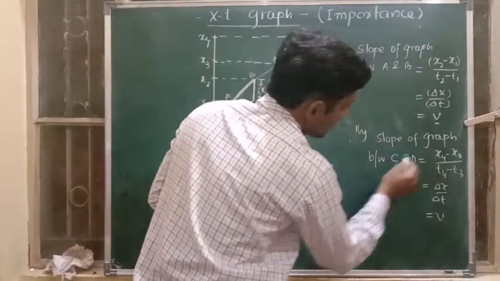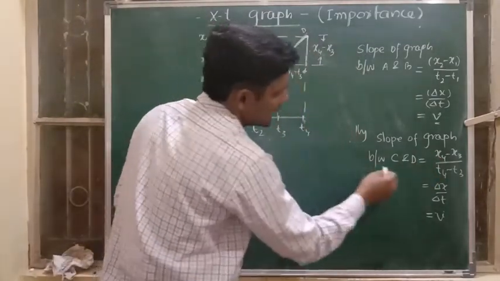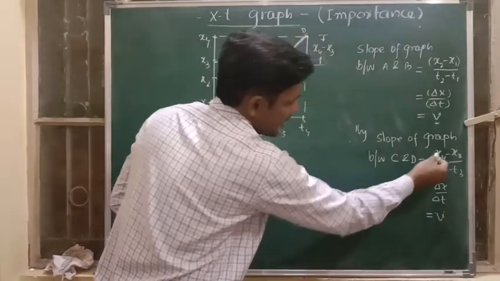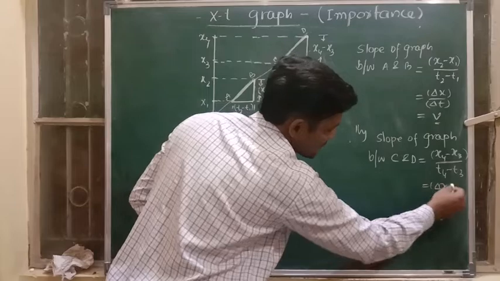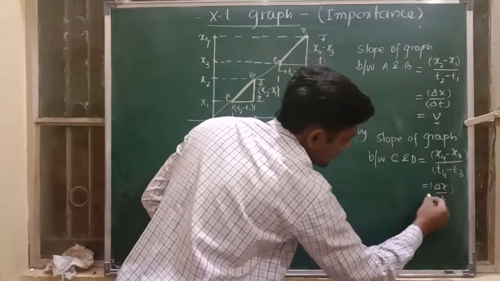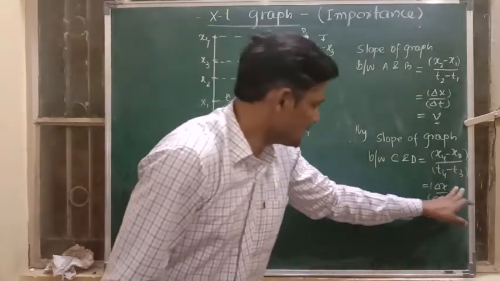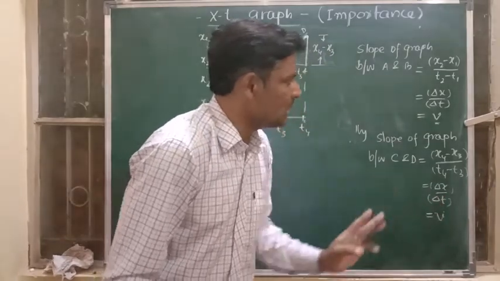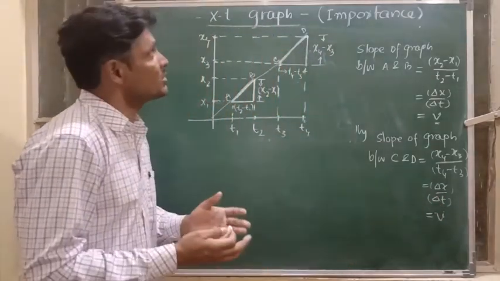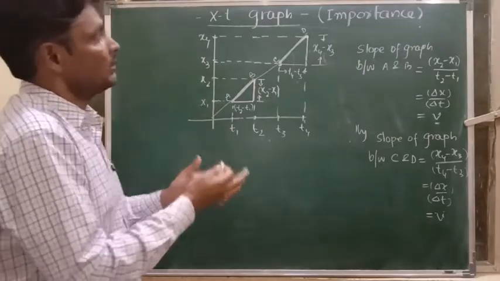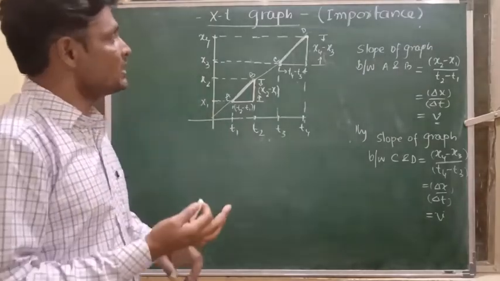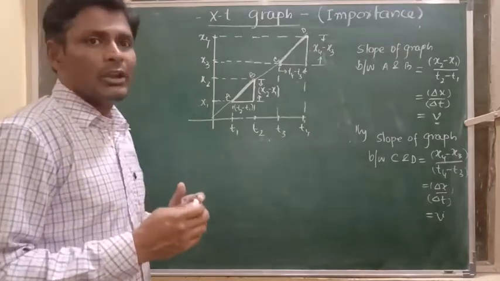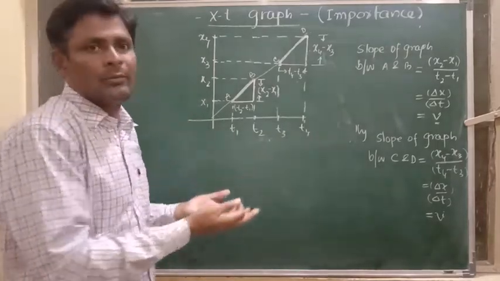So again the slope of the line CD is x4 minus x3 divided by t4 minus t3, and this shows the changing position and this shows the changing time. So the ratio of the position change divided by time gives the speed and velocity. So what we come to know from this graph, we can find the average speed or average velocity between two given points in the graph.